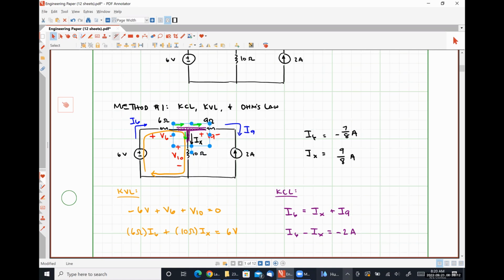So that is formulation number 1, I believe is what we called it when we talked about KCL. So the total current entering a node has to equal the total current exiting a node. I could have also just said -I6 plus Ix plus I9 is equal to 0, or I could say I6 minus Ix minus I9 is equal to 0. They all mean the same thing.